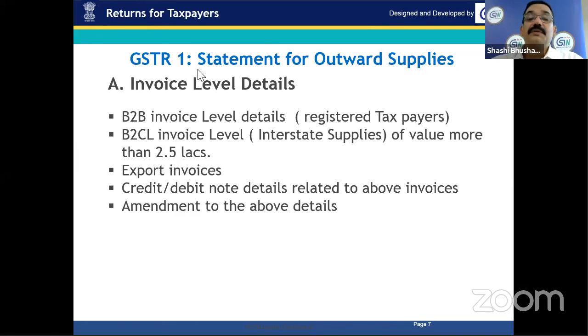Then you have to give invoice level details of export invoices and credit notes and debit notes related to these invoices. Presently, we have not yet opened the facility since it is not required in the month of July, but there will be sections for uploading details of amendments to invoices or credit notes declared in earlier tax periods, which are not accepted by the counterparty.